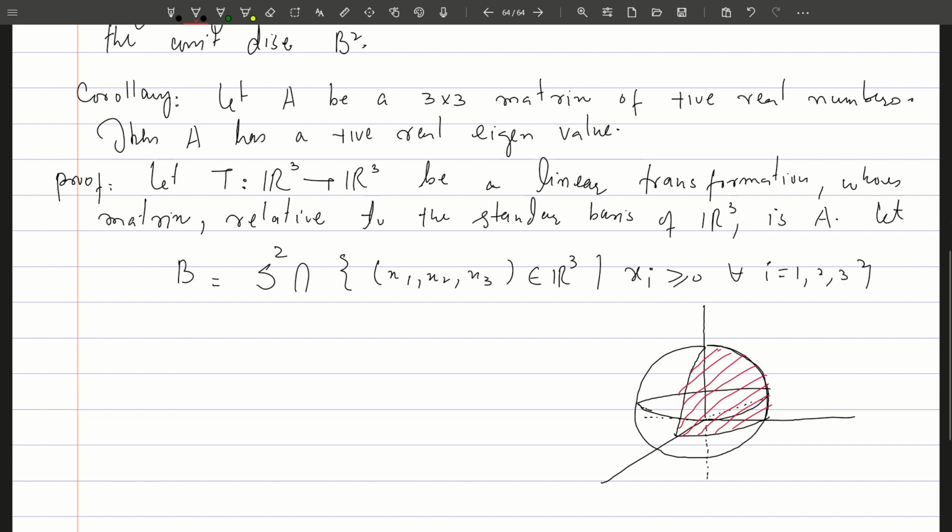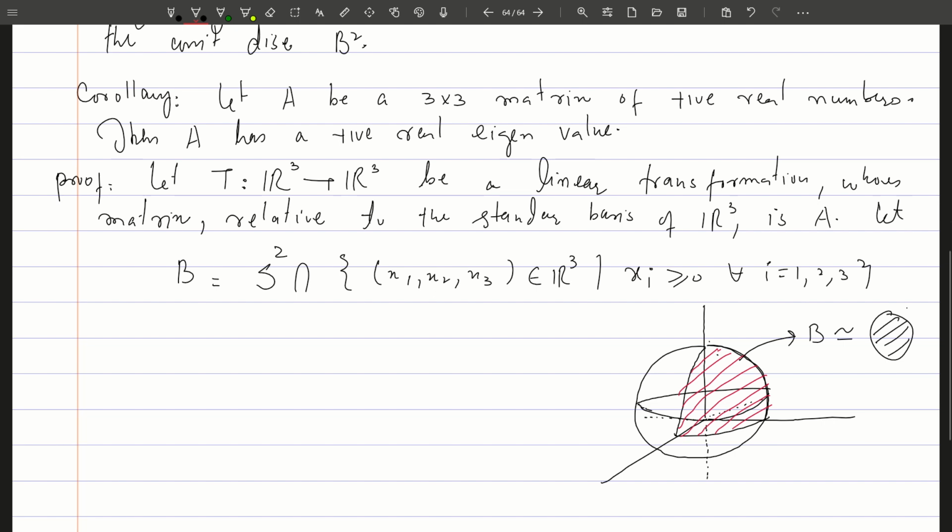So one can note here this B is homeomorphic to the unit disk. So one can define a homeomorphism from this two-dimensional object to this two-dimensional object, because this B is a two-dimensional object. So one can note here the homotopy groups of both the surfaces are 0, the trivial group. So they are homeomorphic.